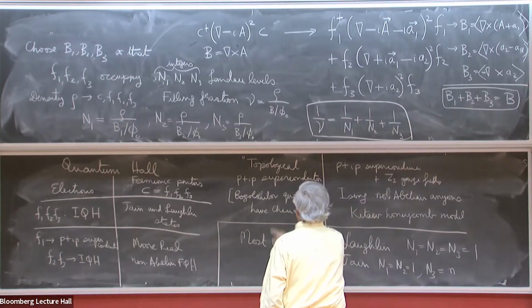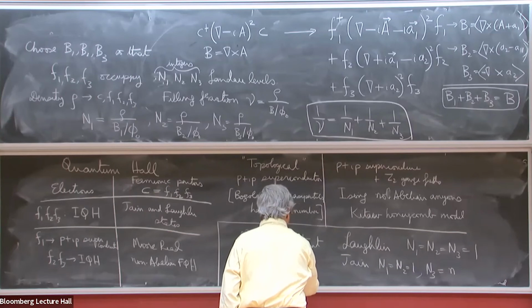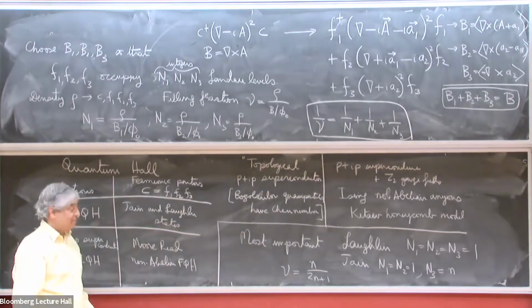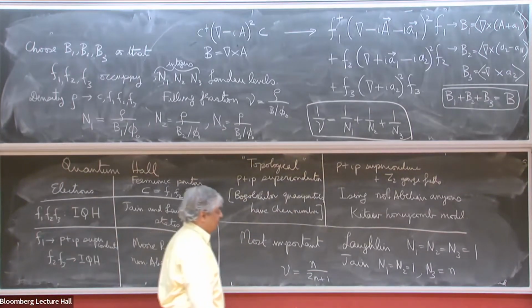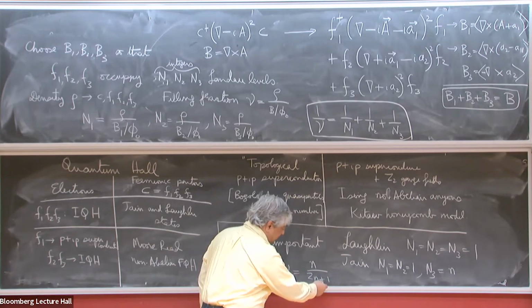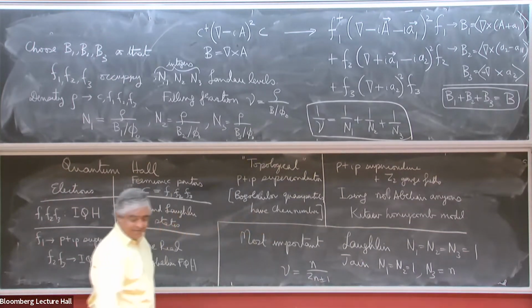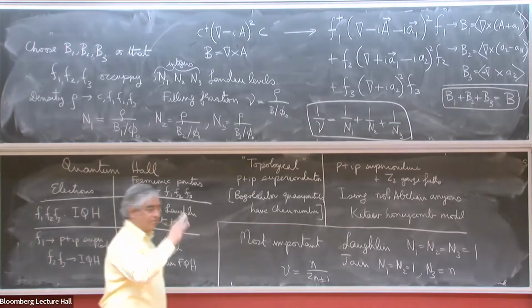And then you just solve this equation, and then you find nu is n over 2n plus 1, which is exactly the most famous fractions that you see in all the fractional quantum Hall experiments. Actually, you can also take minus n, that's nu equals n over 2n plus or minus 1, something like that. So you get all of the Jain fractions.